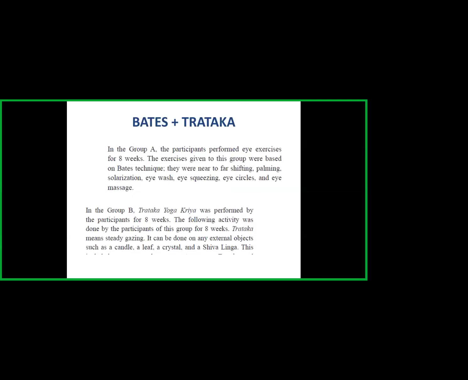The patient counts until 10, focusing the vision on the distant object for 10 seconds. Suddenly, the focus has to change and be concentrated on the iron rods of the window. This is the sudden shifting of focus from near to far. This is the basic concept of this technique, and you can practice this.